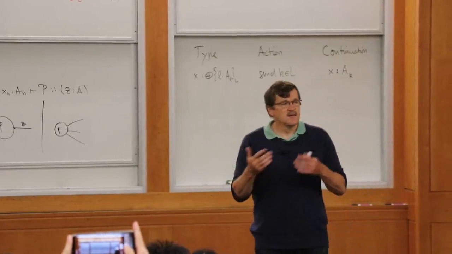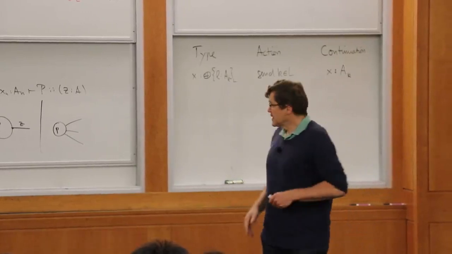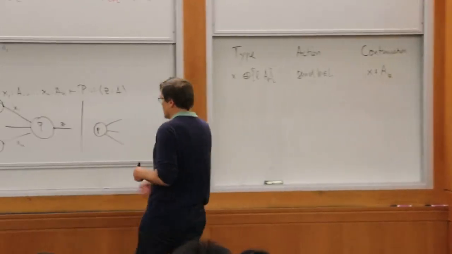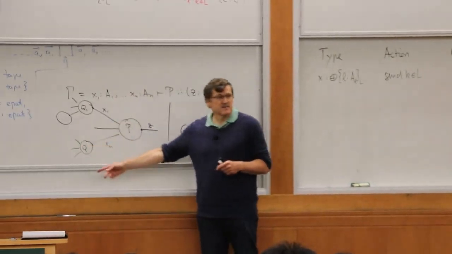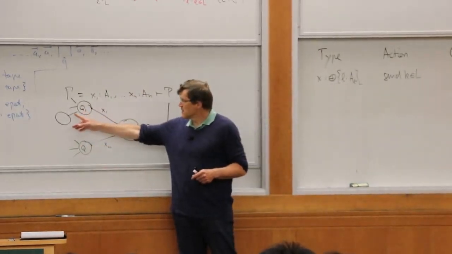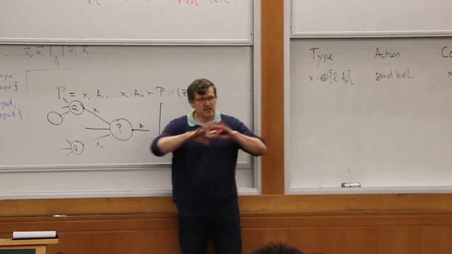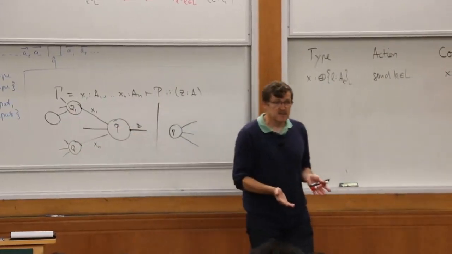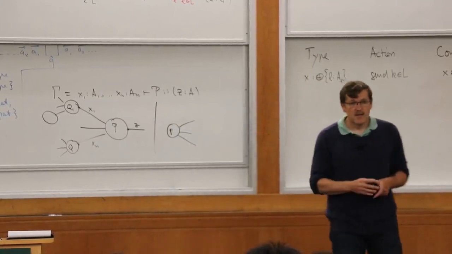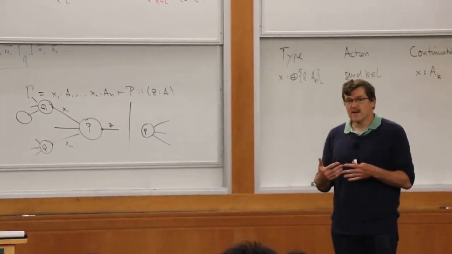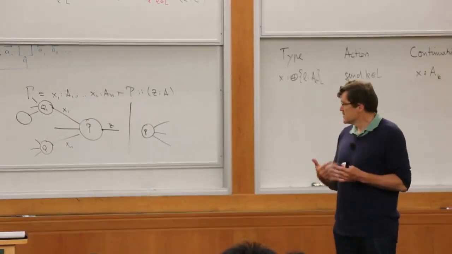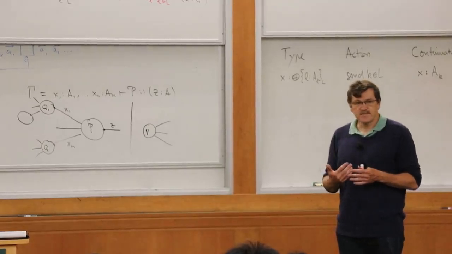Okay, so you can send and receive channels. You can dynamically change the communication structure of all these processes. Because, for example, Q1 could take this channel and pass it over here, and then P could pass it over here. So you can rearrange the way that your tree looks at any point in time.